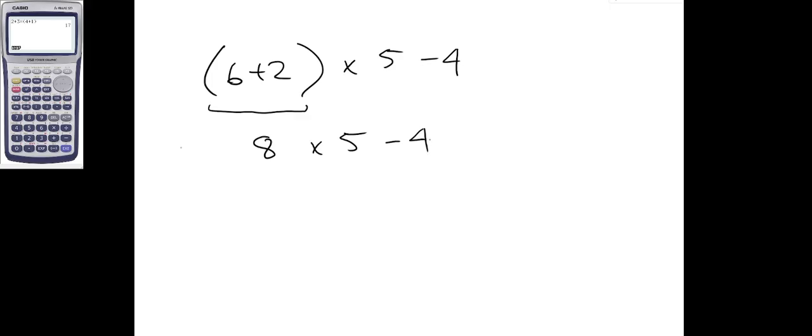Okay, now what do we want to do next? Well, we want to multiply. Multiplication and division, D and M, come next. There's no exponents, so we don't need to worry about that. 8 times 5 is 40, minus 4, and our end answer is 36.